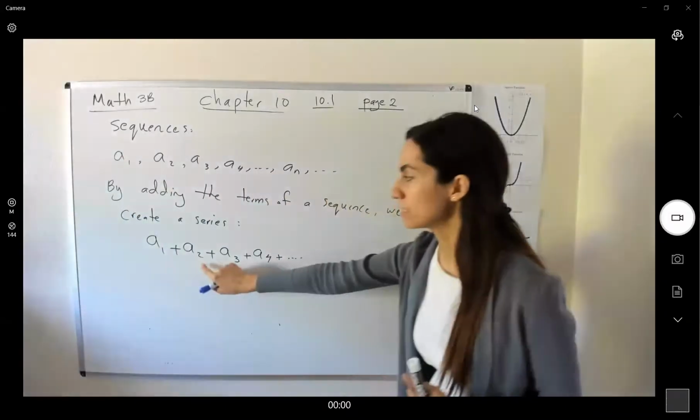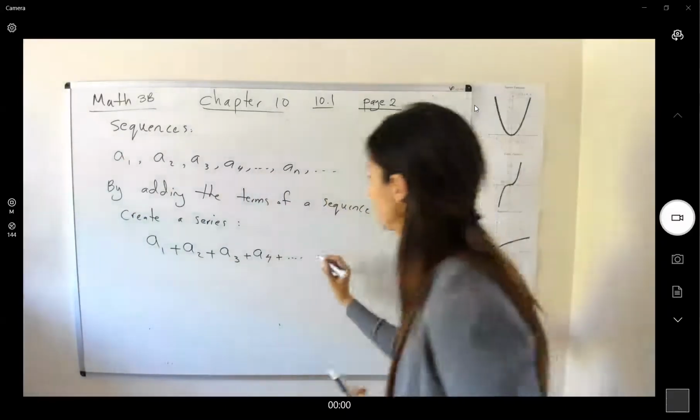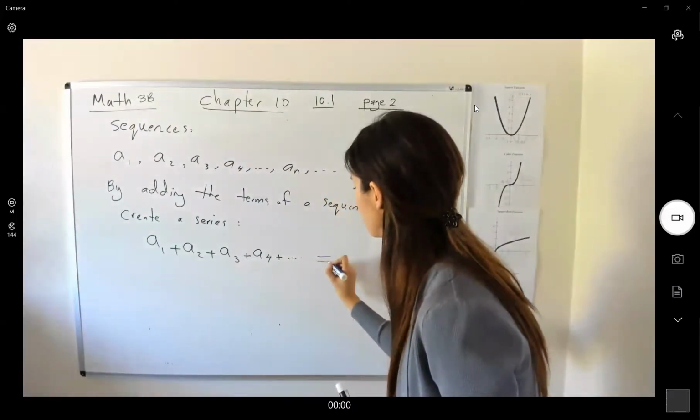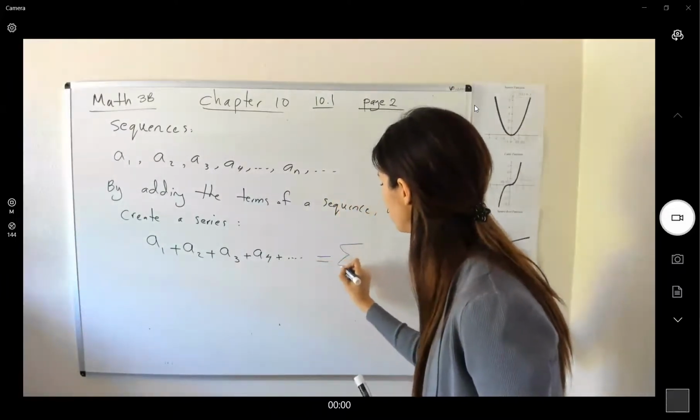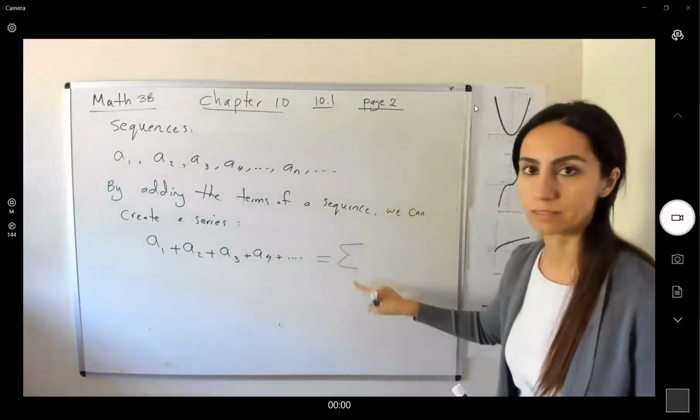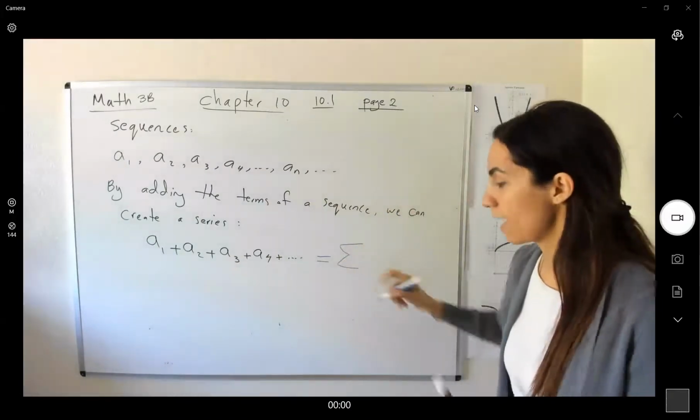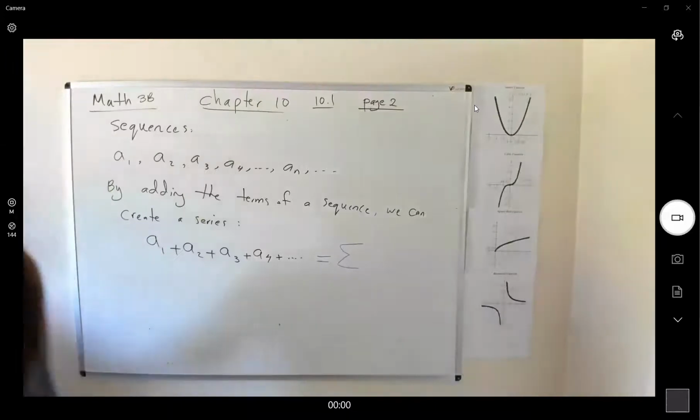When you're adding the terms, we can use the symbol sigma, the sum symbol.